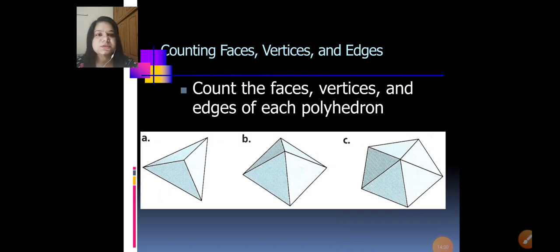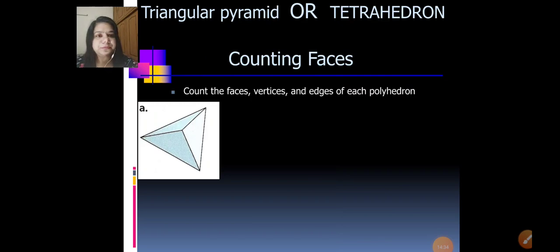So let's discuss first of all the triangular pyramid. So here is the triangular pyramid. Students, please note, a triangular pyramid is also called a tetrahedron. The other name for triangular pyramid is tetrahedron. So let's count the faces. The faces are: 1 triangle is at the base and the 3 triangles are on its sides.